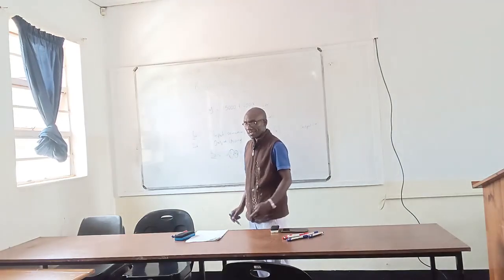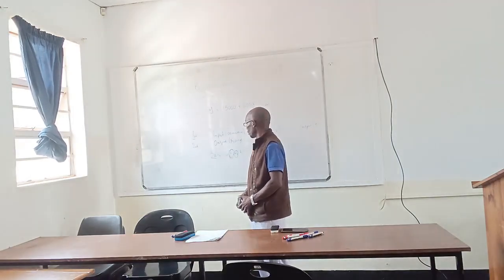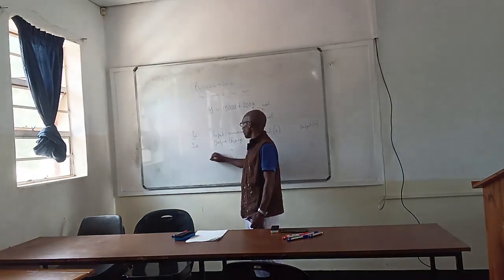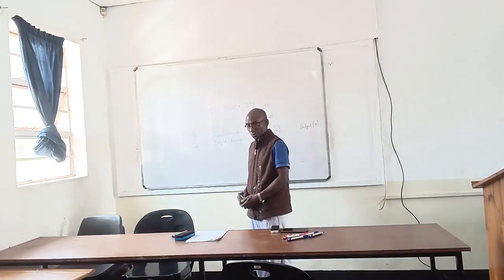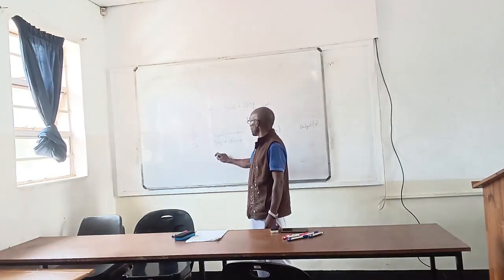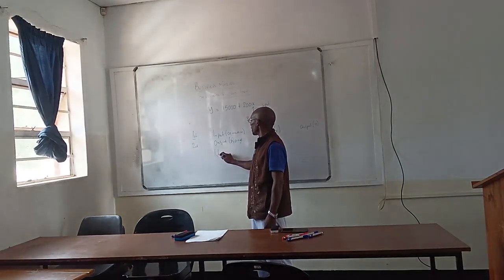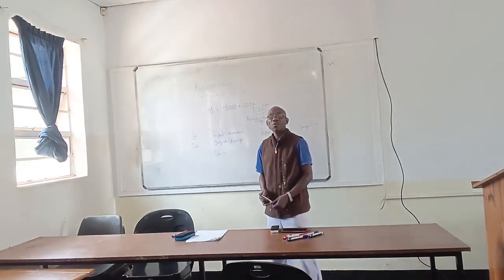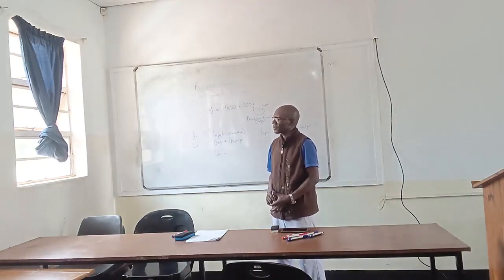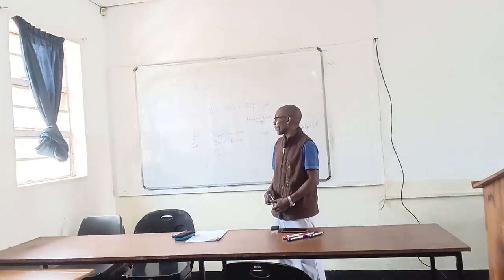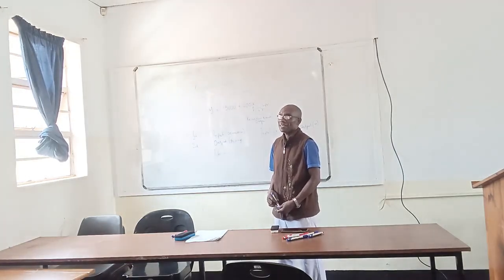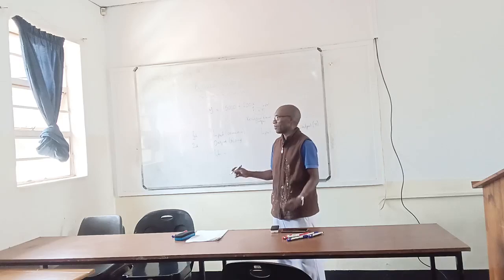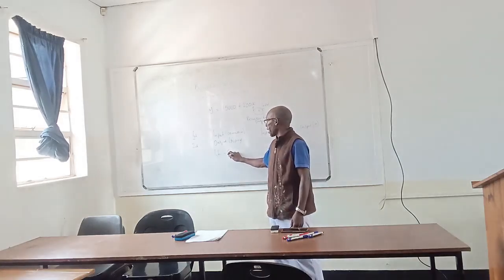All right. Let's look at intelligence. For you to be intelligent at a school, at a university, assuming the intelligence is here, there are a lot of variables, a lot of factors. One of the factors for you to be intelligent is the environment, the environment where you are coming from.